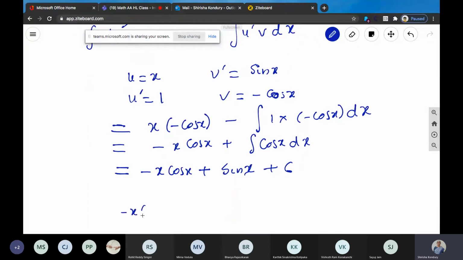So it's minus x times derivative of cos x plus cos x times derivative of minus x plus derivative of sin x, and so minus cos x and plus cos x cancel and I'm left with x sin x. Yes, that's the expression I started with. So what I did is correct. So this formula is working well, right? And this rule, the ILATE rule, is also helping me because it is making things simpler for me. Great.